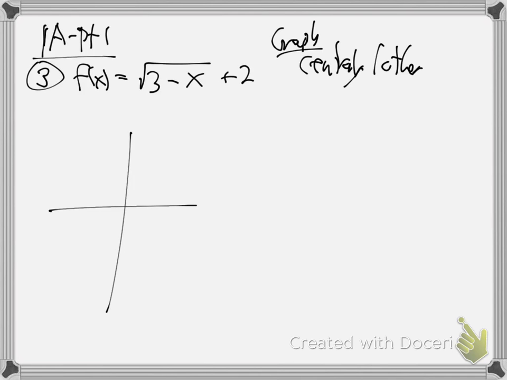It's important to note how far that square root goes, right? The square root's over the 3 minus x, but it's not over the 2, right? That matters a lot. And what is the basic look of a square root graph? Yeah, good, William.